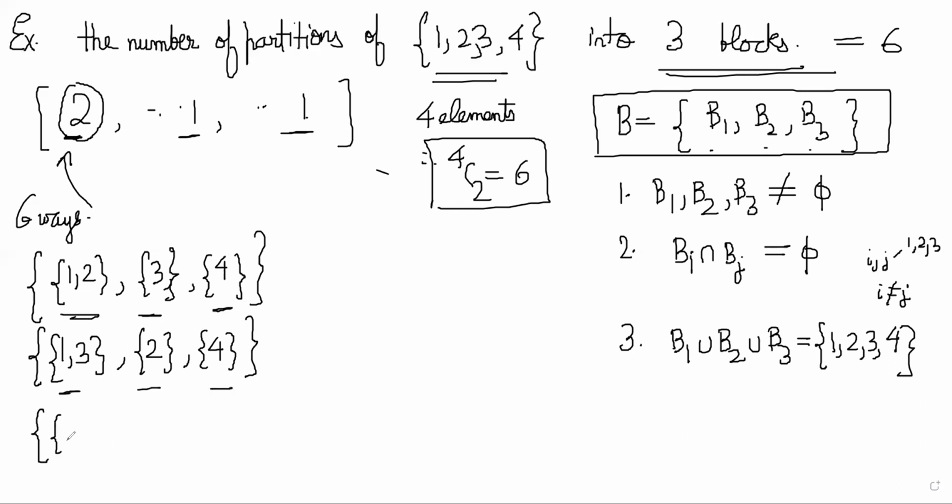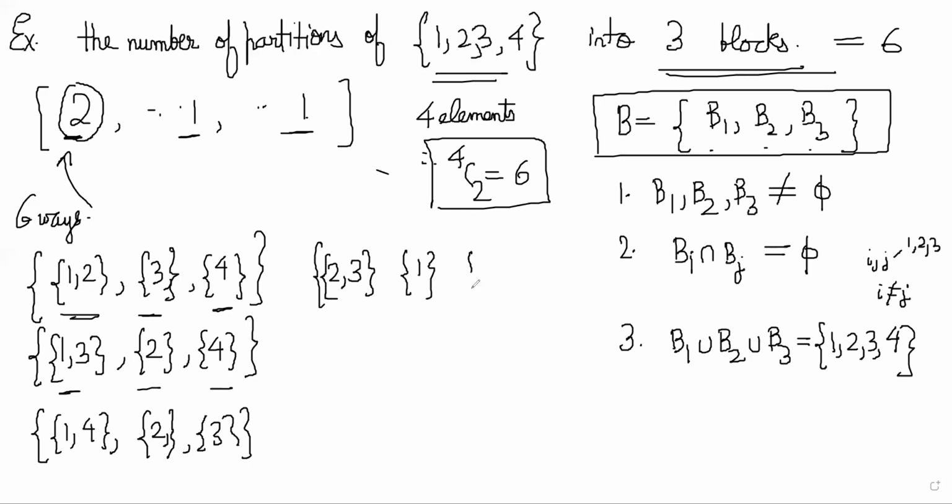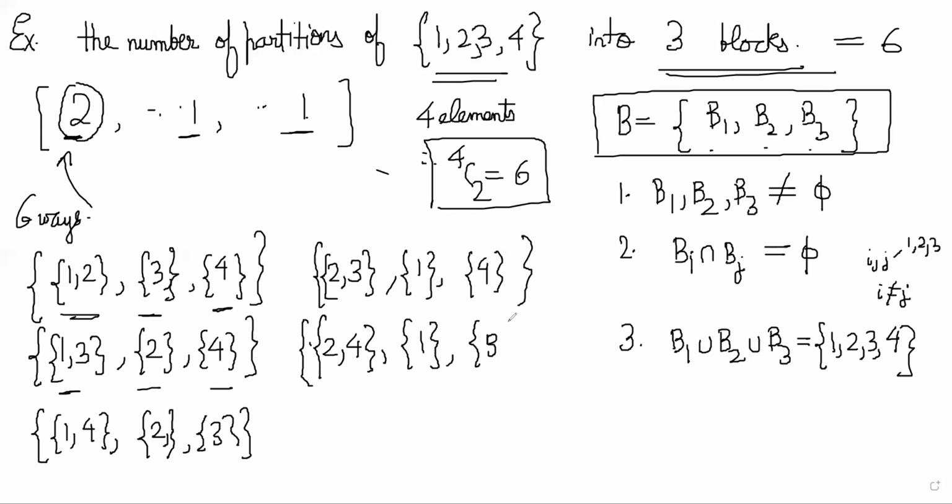Another partition could be {1, 4}, {2}, {3}. Similarly, now we can start with {2, 3}, {1}, {4}, and {2, 4}, {1}, {3}, and lastly {3, 4}, {1}, {2}.